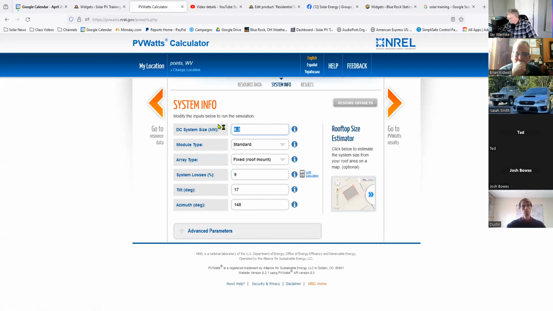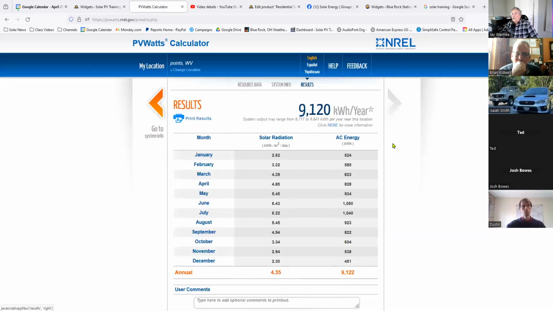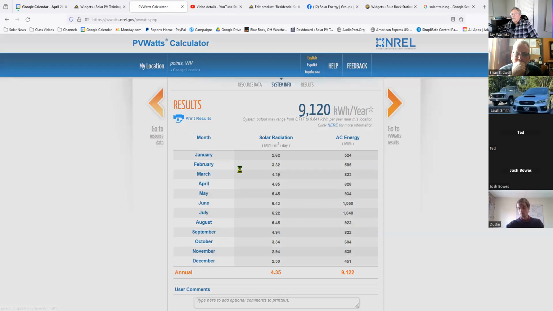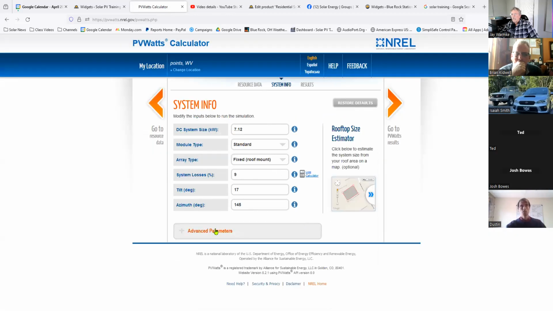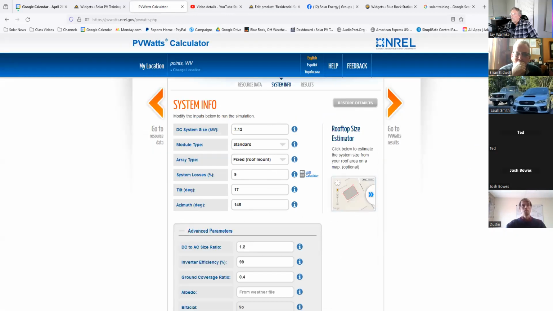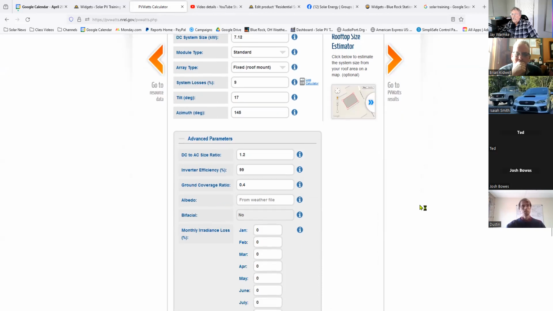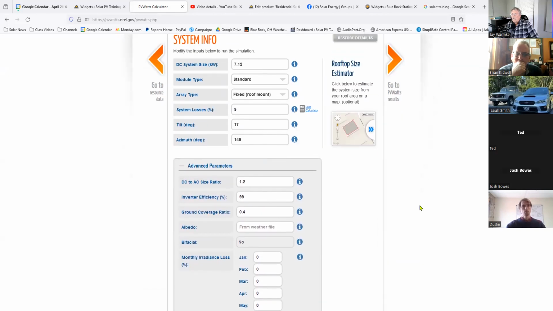Let's see what 7.12 gives. Still coming in pretty low. I just wonder why it's monthly irradiance loss, ground cover.